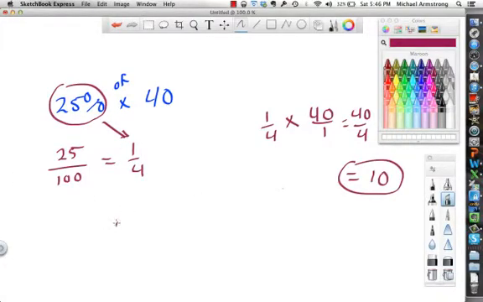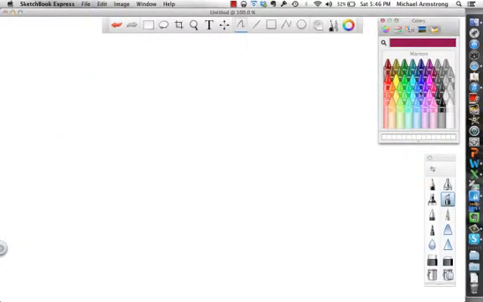For instance, they may give us something like 150%. Well, let me get a new page, a new color. 150%. Now this is a little harder because this is more than 100, times 120. Okay, or of. We always need to remember that of means times, and they're probably going to give us a lot of these of questions.